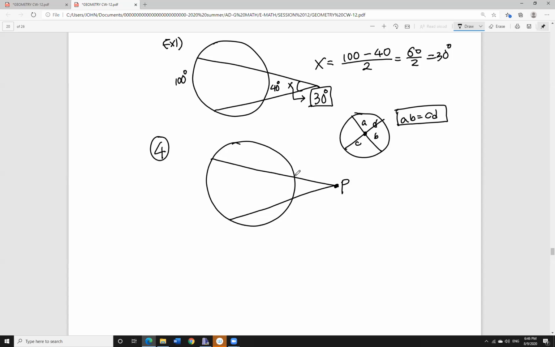This is A. This is B. This is C. All the way down, there is a D. The formula is this one. You have to measure from point P, okay? Not this one, this is wrong. So A times B equals C times D. That's it.